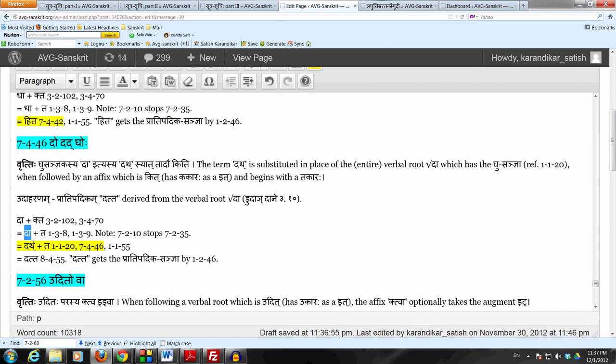So we get dat, the entire angam is replaced as per Anekalshit sarvasya 1155, and then applying Khari cha, put a takara adesha in place of the thakaraha, so it becomes datta. And of course datta gets the pratipadika sanya by Kritaddhita samasascha. So this is the sutram do dad ghoho, and the simple thing in the sutram is to make the padacheda as dat, which avoids all the complications.